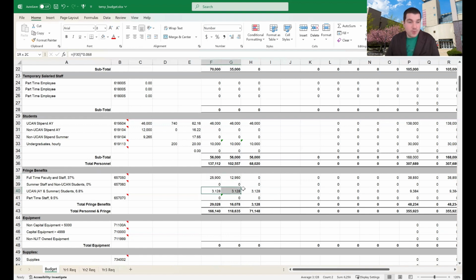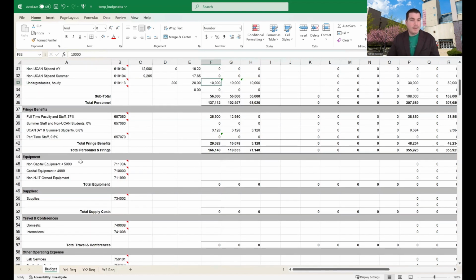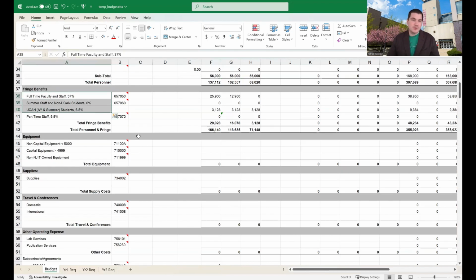For students, students have some amount of benefits that they get, and so fringe is basically paying for this. Sorry, it's for graduate students. So this is for the PhD students. Undergrads don't get any benefits, so they don't have that. These numbers are specific to the institution.